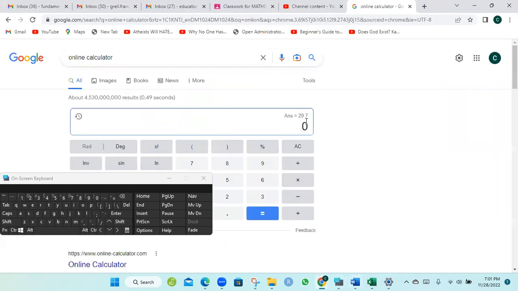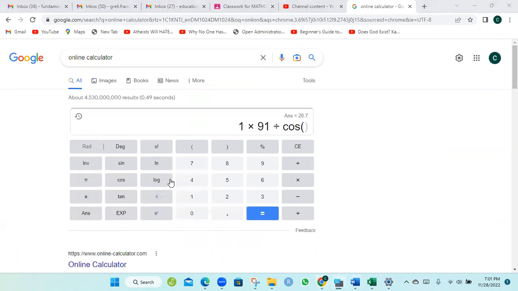So we're going to multiply 1 times 91, which is 91, divided by cosine. So here's the cosine function. Cosine of 60, and that is 182 centimeters.